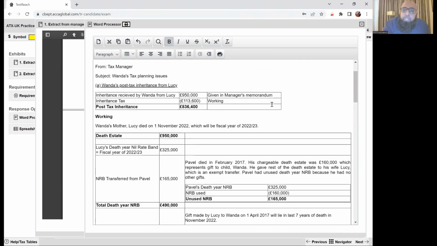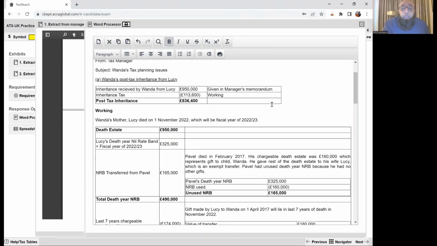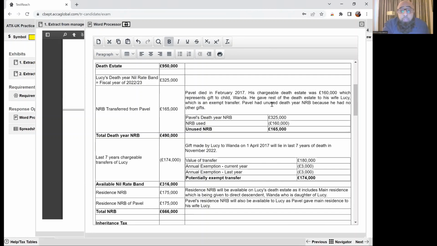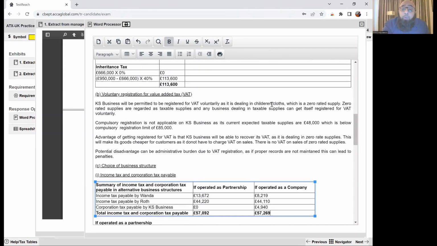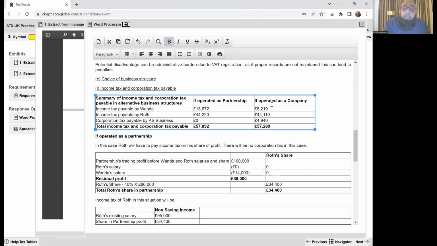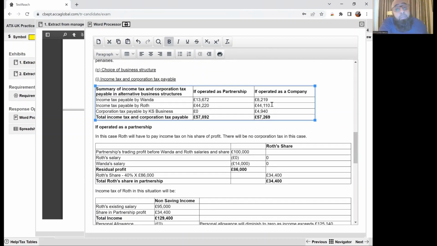Then there was post-tax inheritance from Lucy, with transfer of nil rate band issues and residence NRB. Then we moved to voluntary registration for VAT. And then comes the choice of business structure, income tax and corporation tax.